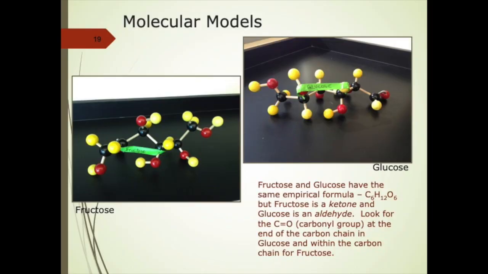So these are how proteins are made. So other molecules, we have fructose on one side and glucose on the other side. Fructose and glucose have the same exact empirical formula, right? C6H12O6.